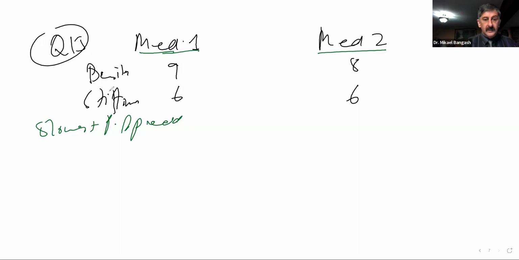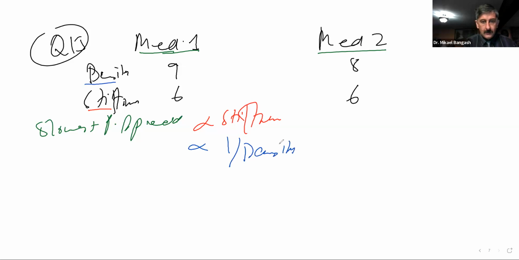Now the first thing to look at is the relationship between the two things that we have here. First, we can say that the propagation speed is directly proportional to the stiffness. Clear? And it's going to be inversely proportional to the density.